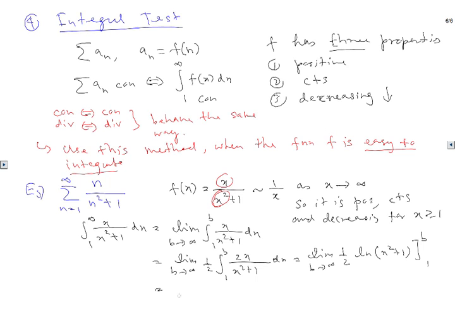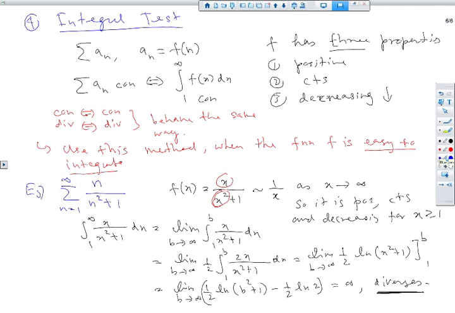So you can see the limit as b goes to infinity. What do you get? 1/2 ln(b squared plus 1) minus 1/2 ln 2. We need the parentheses because of the limit, but this is infinity. So it diverges. We need to write it, okay? Diverges.